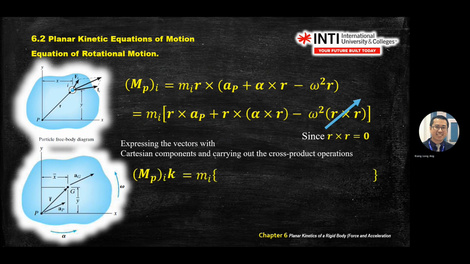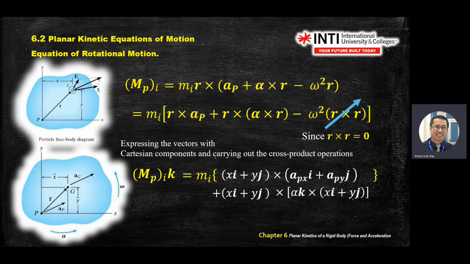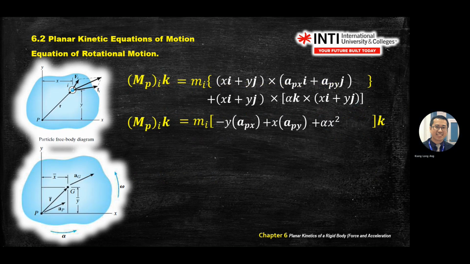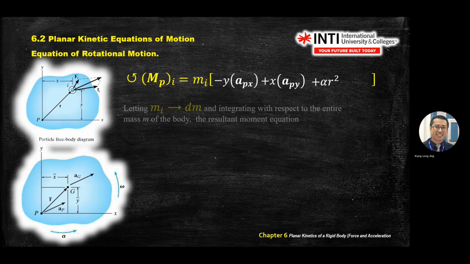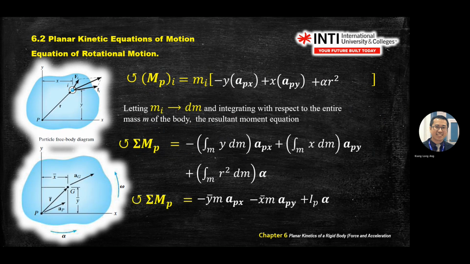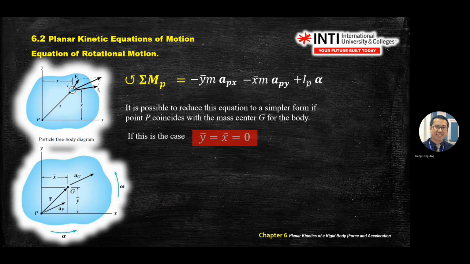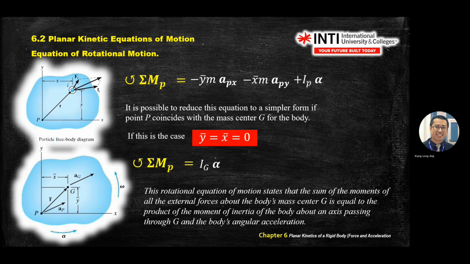At the end, you arrive at this equation. All the moment, you link with angular acceleration. You use Ig, at the center of gravity, times the angular acceleration alpha.